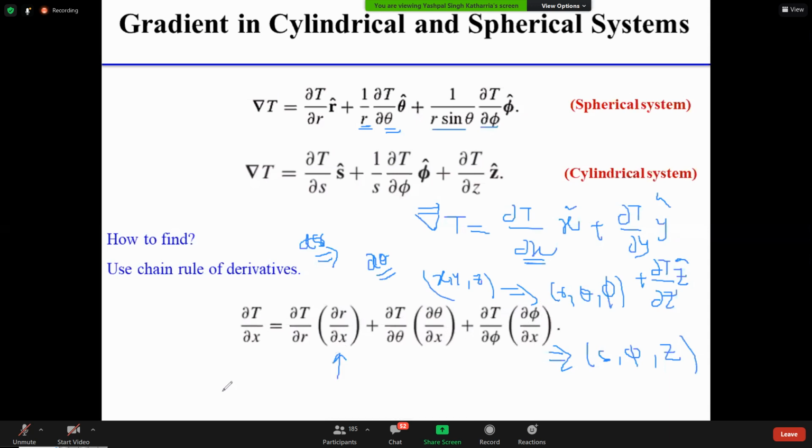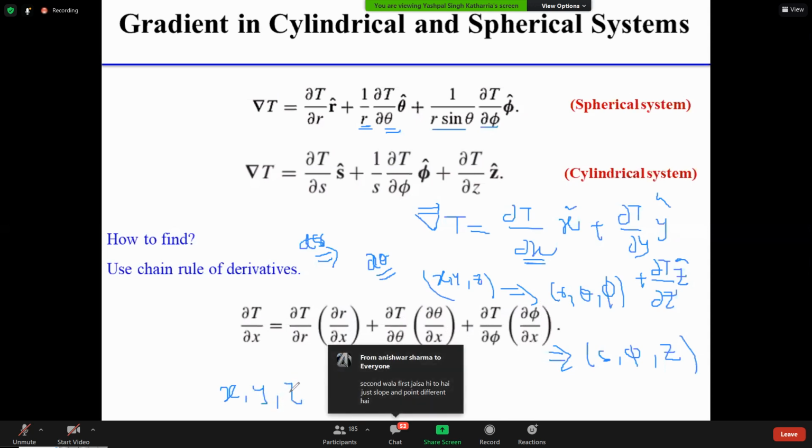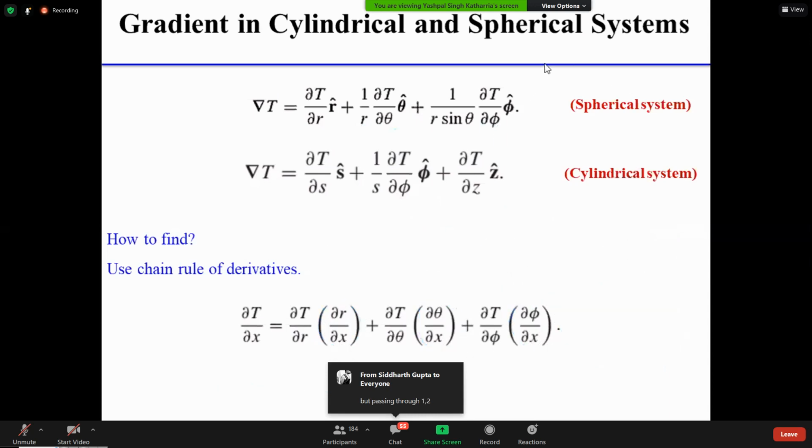For that, you have the relations between x, y, and z with r, theta, and phi. From those relations, you will find the values of del r over del x, del theta over del x, and del phi over del x, and then put those values here. I can probably give you the first relation.